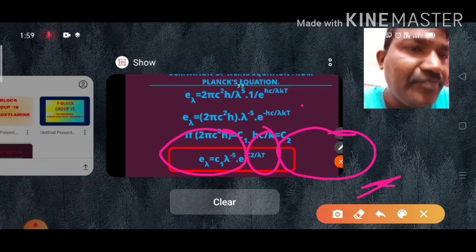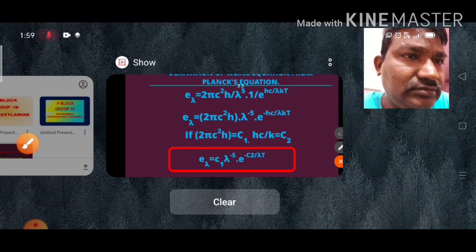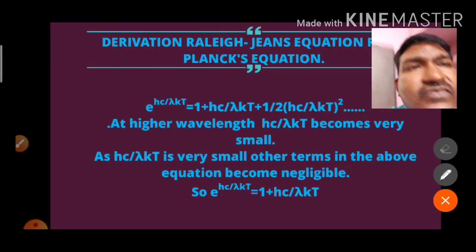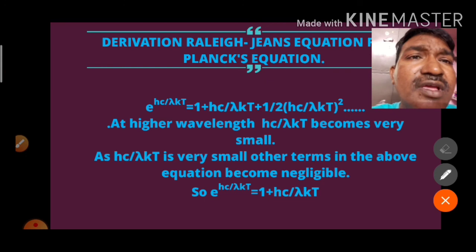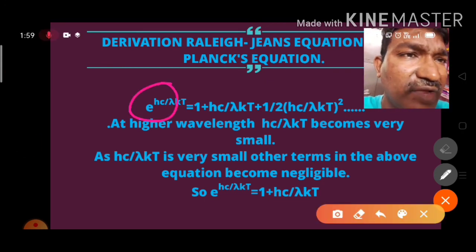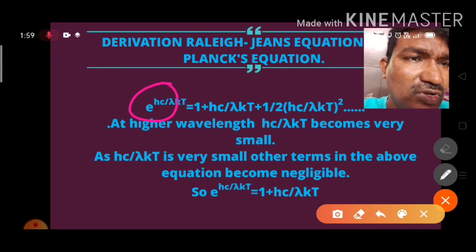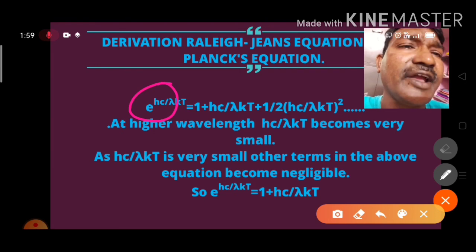In a similar way, we can derive the Rayleigh-Jeans equation from the Planck's equation. At higher wavelengths, e to the power of hc by kT can be written as 1 plus hc by lambda kT plus 1 by 2 into (hc by lambda kT) whole to the power of 2, plus 1 by 3 into (hc by lambda kT) whole to the power of 3. Like that we can write.